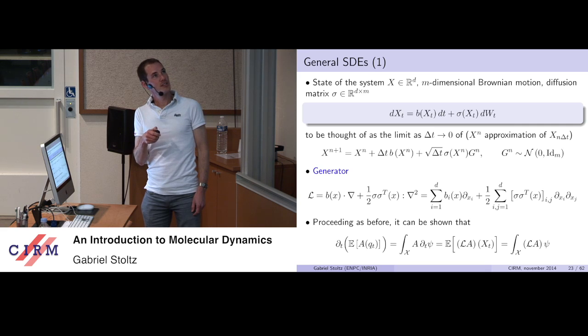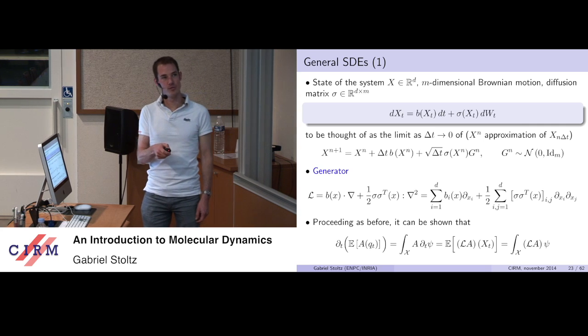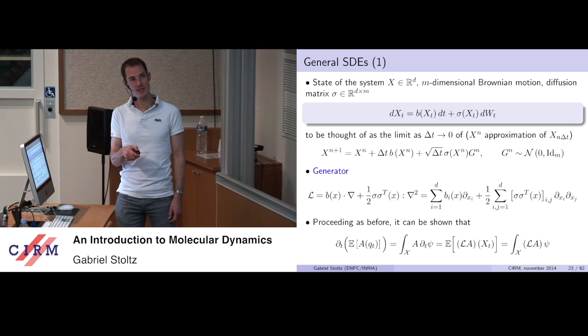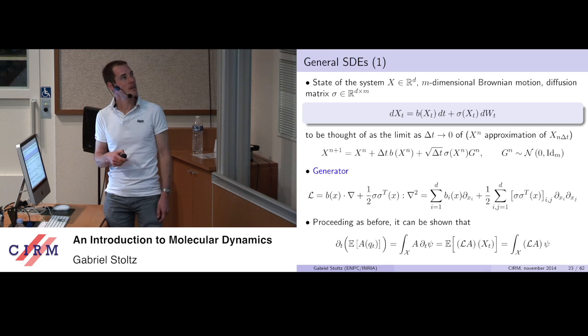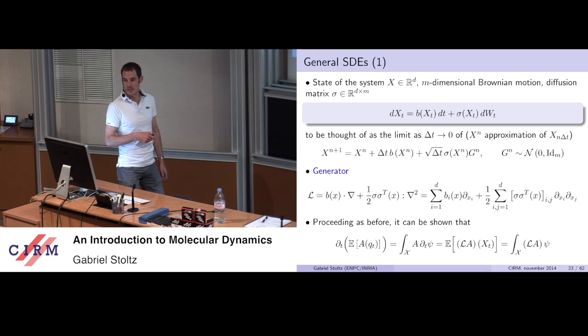And associated with the diffusion part, you've got 1/2 sigma sigma transpose contracted with the Hessian. If you want to write this in terms of coordinates, it would be this matrix times this double derivative here. So you see that the generator is some elliptic operator, which may have some degenerate ellipticity, but at least it's some elliptic operator, which again motivates the terminology diffusion equation for those kinds of SDEs.